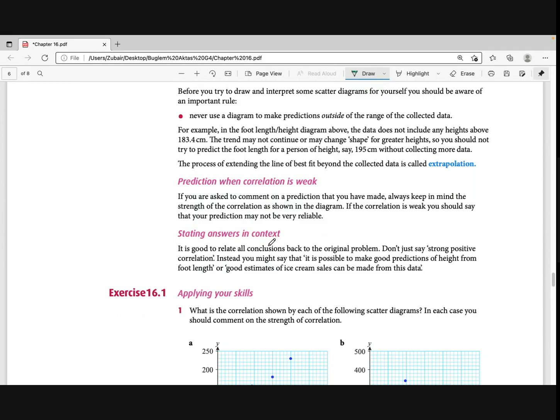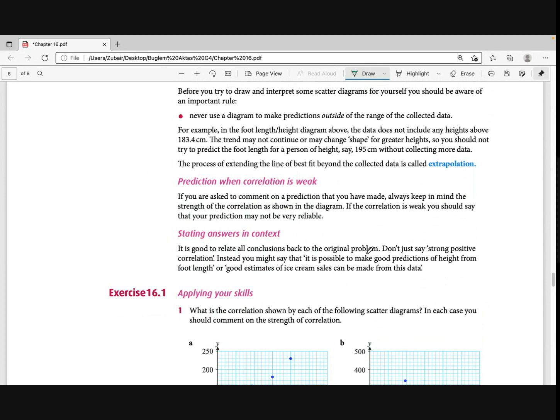Stating answers in context. It is good to relate all conclusions back to the original problem. Now, your vocabulary is very good. You used the word fairly, which I would also use next time. I would have used weak, but fairly is a very good word.